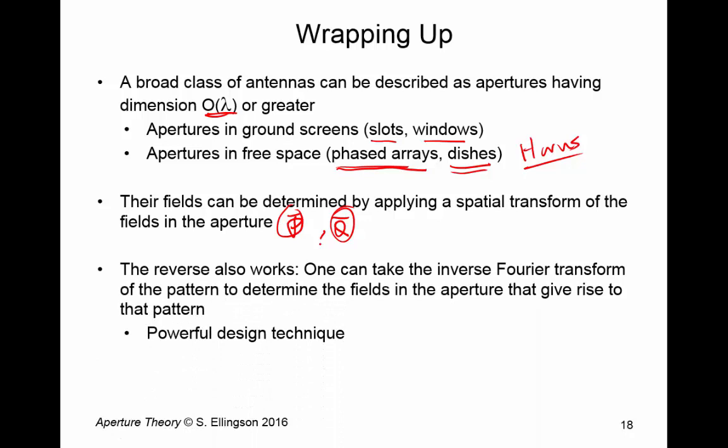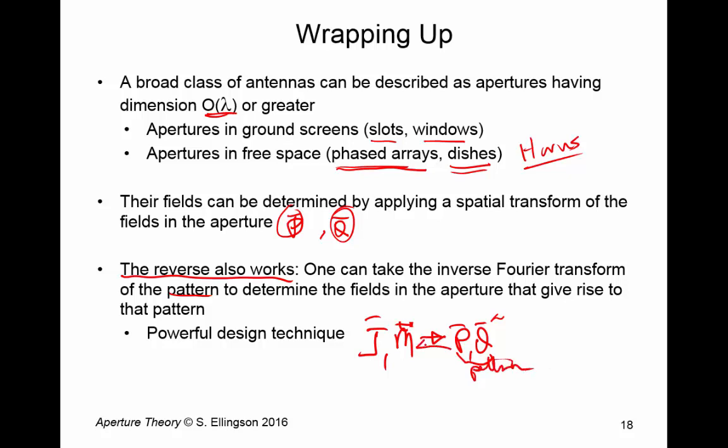So a new idea here, and this is what I'll conclude the lecture with, the reverse also works. In other words, one can take the inverse Fourier transform of the radiation pattern to determine the fields in the aperture that give rise to that pattern. We have these equivalent currents, J and M, and we take a Fourier transform, that gives us P and Q, and we can think of these as being a pattern.